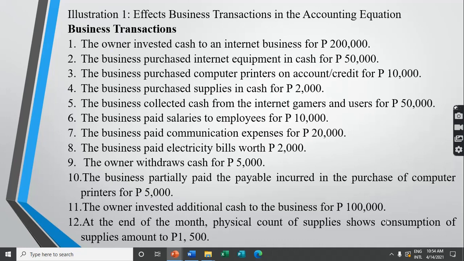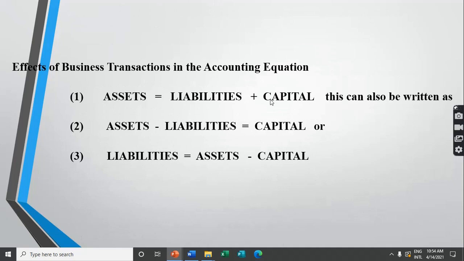So, isa-isahin natin to. I-analyze kung ano ba yung mga transactions na to. Okay? Let's start with, tignan muna natin yung effects of business transaction in accounting equation. So, ang original na accounting equation natin is asset is equal to liabilities plus capital.